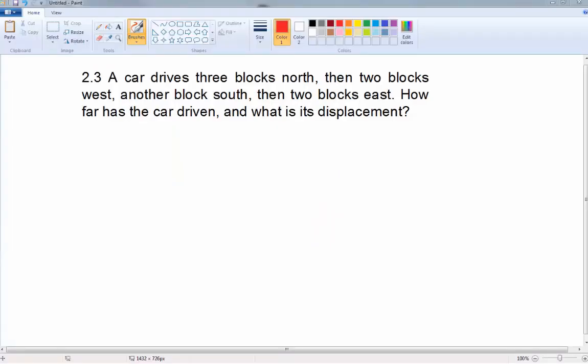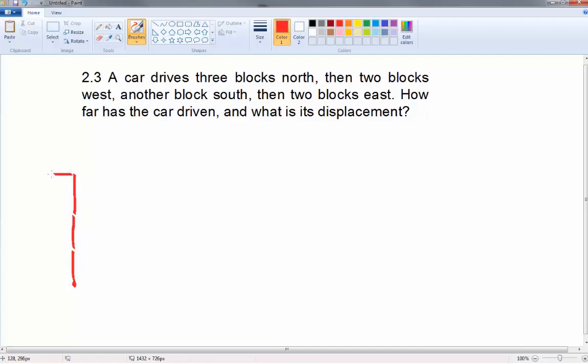So one way that we have of doing this is imagining that the car starts somewhere. We'll call it here, for example. And what happens is that it goes 3 blocks to the north. So 3 blocks to the north, maybe it looks like 1 block, 2 blocks, and then 3 blocks to the north. Then it says 2 blocks to the west.